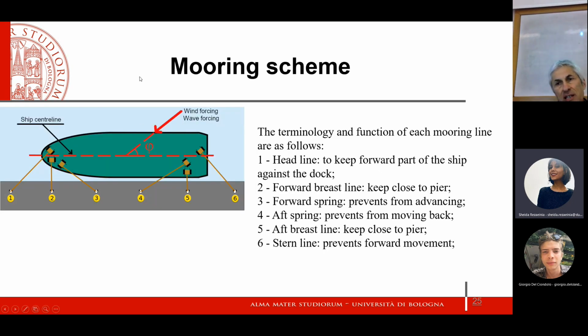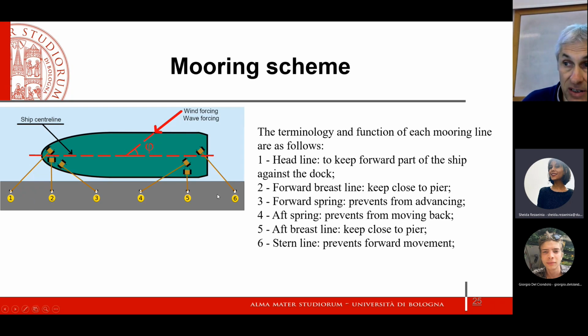Now let's talk, as I said, about the mooring scheme. This is a typical mooring scheme which tries to make sure that the ship is fully berthed, meaning that any movement is limited. First of all, here they are not shown, but there are fenders, which are kind of pillows made of rubber or wood that are placed between the ship and the berth.